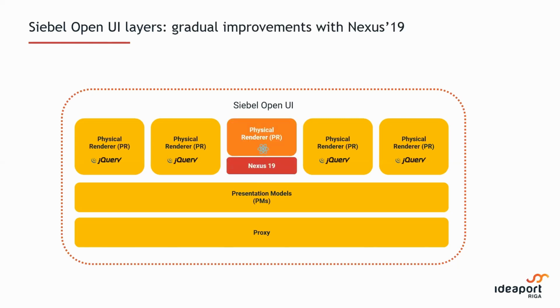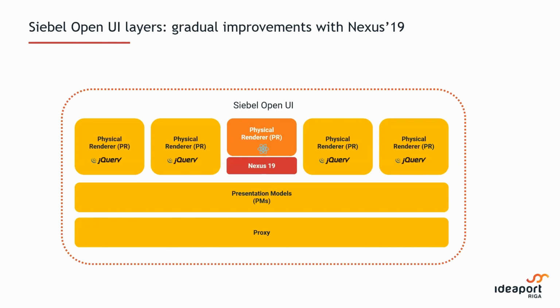And basically the idea with this Nexus'19 is that slowly, step by step, we can improve some of the views within Siebel. Definitely we can do it also on the applet level, but from the UX perspective, we believe it makes sense to do it on the view level. And here comes this Nexus'19, which is basically a bridge or a proxy between the physical renderer we are building using modern frameworks and the Siebel presentation model.